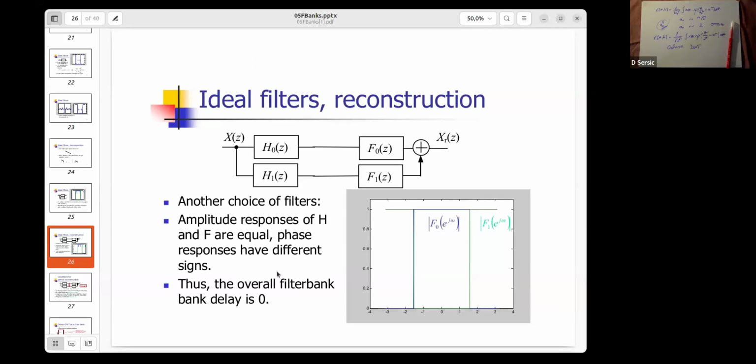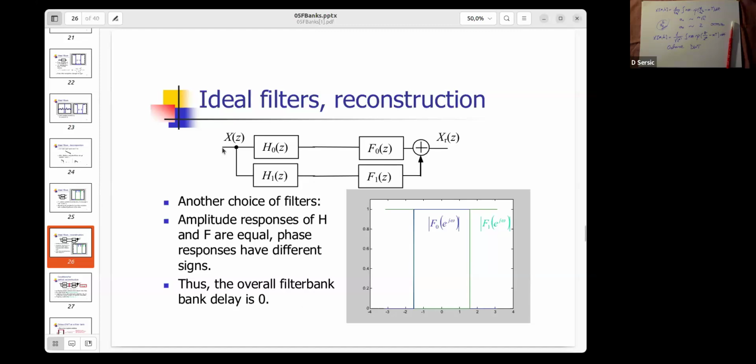Why are we talking about such ideal filters? Because we can say that we have a dirty plan to change something. We have just promised that such filter banks will be useful for analysis of the signals, for compression. Okay, for compression.